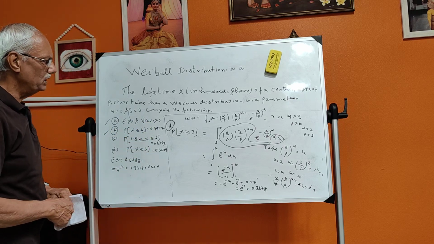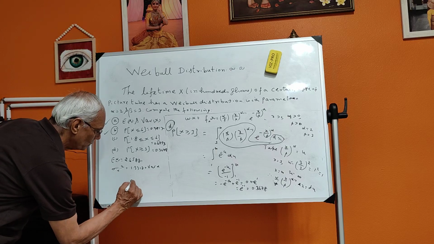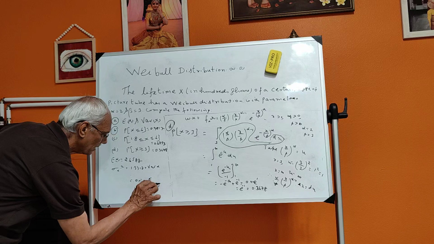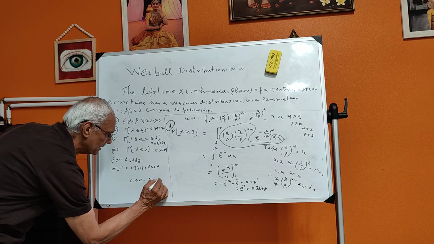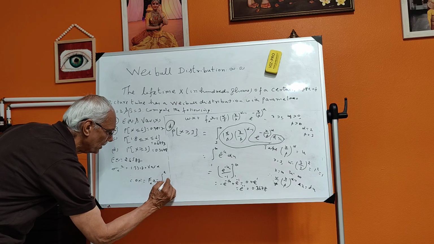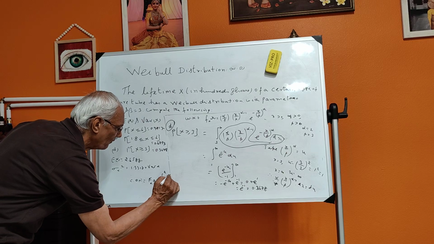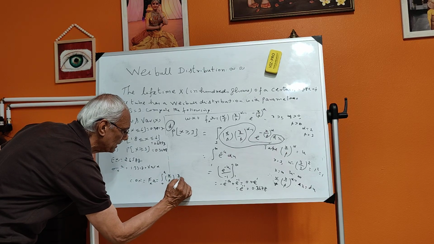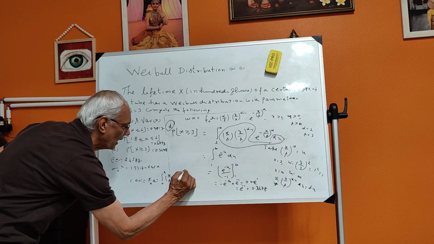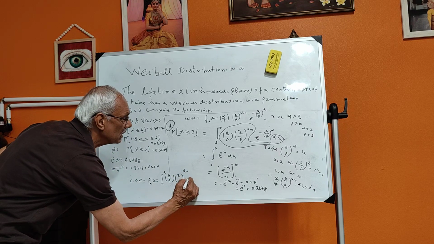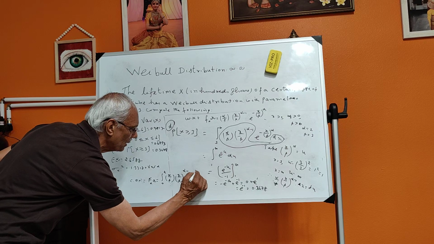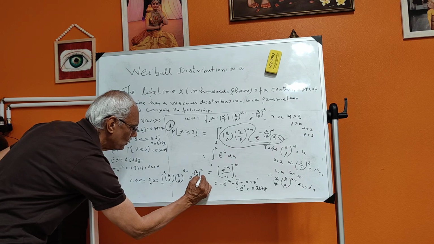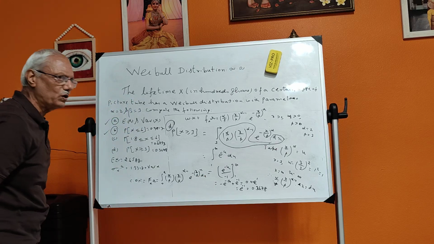By the way, you must know that the cumulative distribution function F of x is the integral from 0 to x of alpha by beta into x by beta to the power of alpha minus 1 into e to the power of minus x by beta to the power of alpha dx.